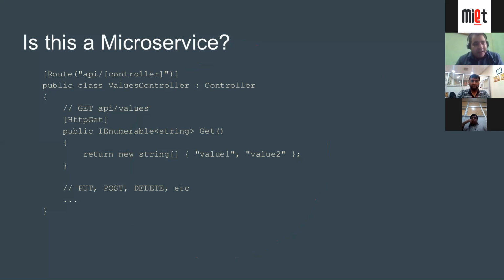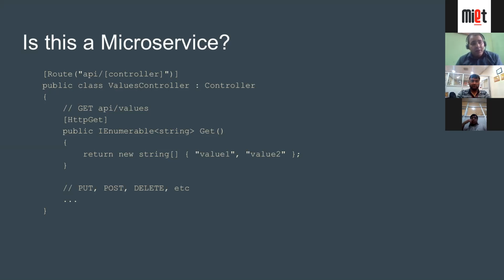Here is an example of an API value controller where I am getting some values from the backend. Here I hard coded those values into my get function. I can also use backend services to get the data from the backend service, like the database, or maybe I'm getting the data from another service.